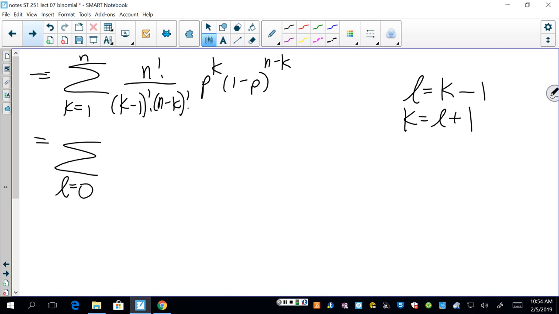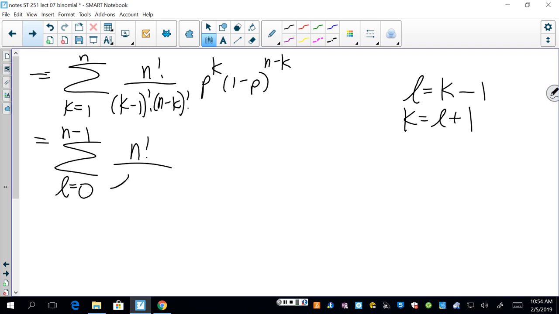So if L goes from 0, what should be the upper limit for L? What was the upper limit for k? N. N minus 1. So now let's replace k everywhere in here by its version of L. Right? So n factorial is still the same. K minus 1, that is L. Right?